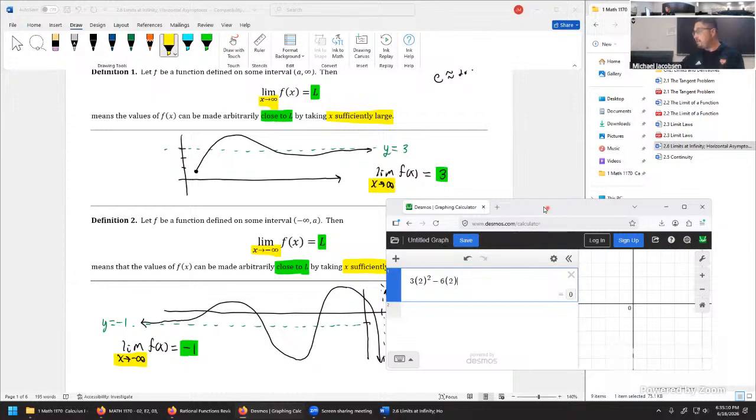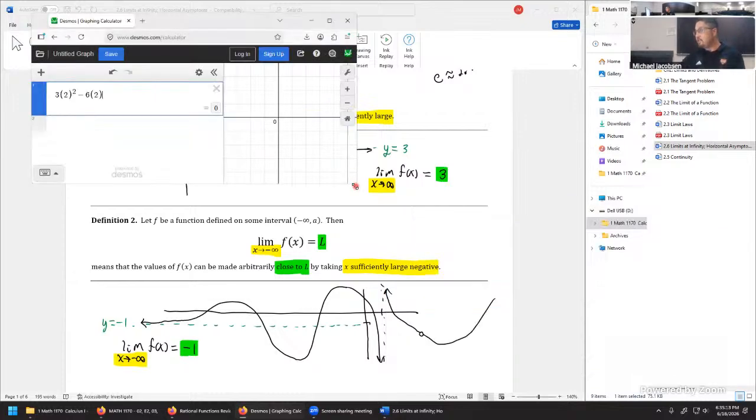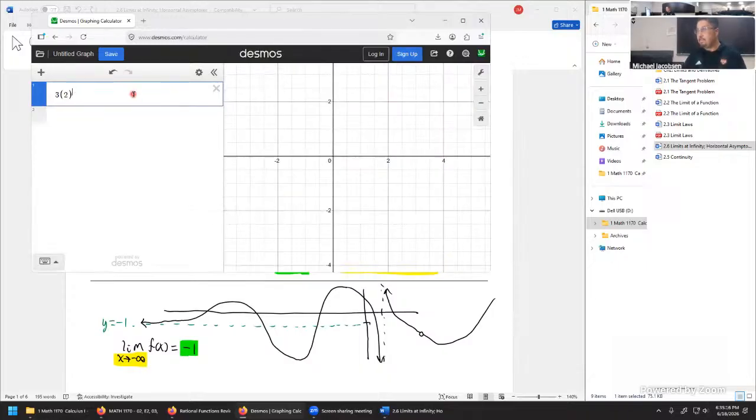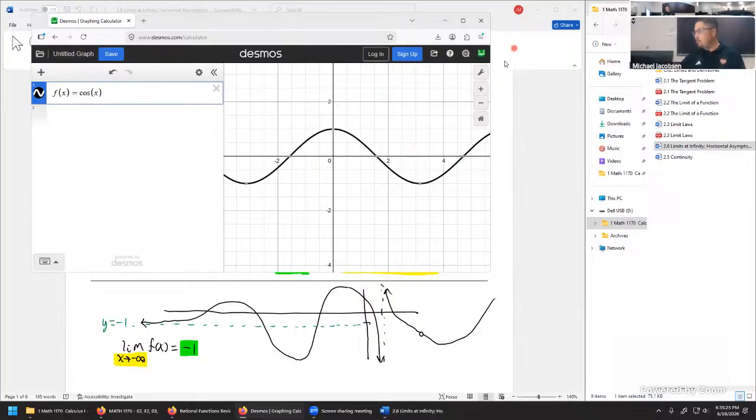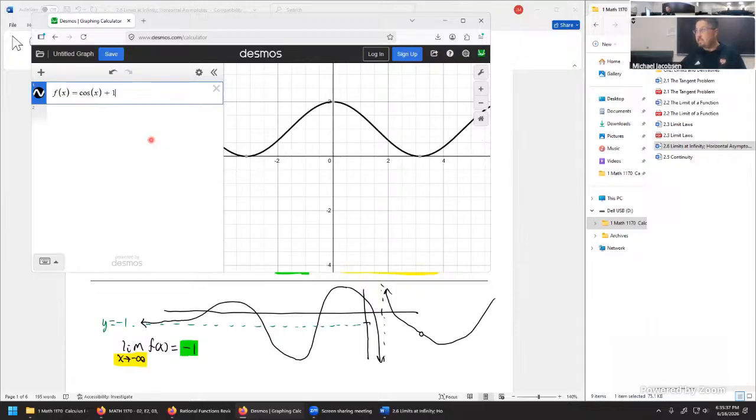And just to go along with that comment there, let's put down a really bizarre function. Let's let this one be f of x equals cosine x. Doesn't look too bizarre when you take a look at it, but we can manipulate this function in a lot of weird ways. Let's say we add 1 to that.